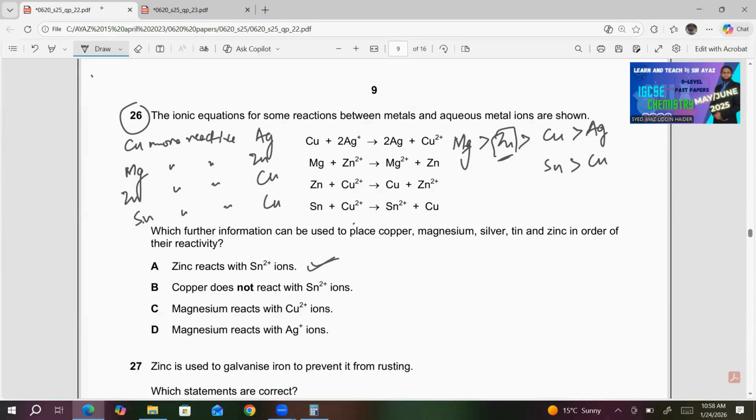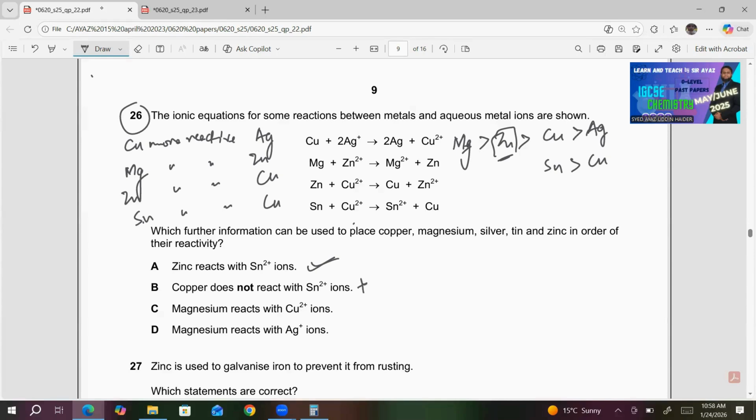What about the other statements? I'm reading the other statements also for convenience, because A seems correct to me. B, copper does not react with Sn2+ ion. Now, if you look at the reactions, it's already clear that tin is replacing Cu2+ ion, so definitely copper does not react with Sn2+ ion because tin is more reactive than copper. This is incorrect. What about C? Magnesium reacts with Cu2+ ion?